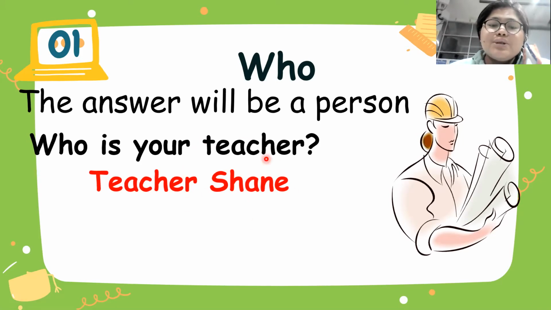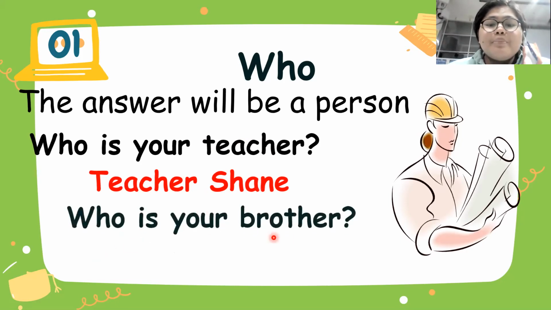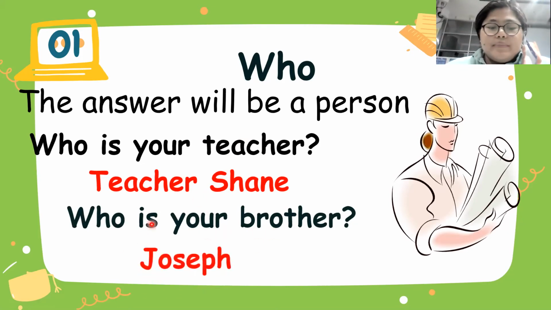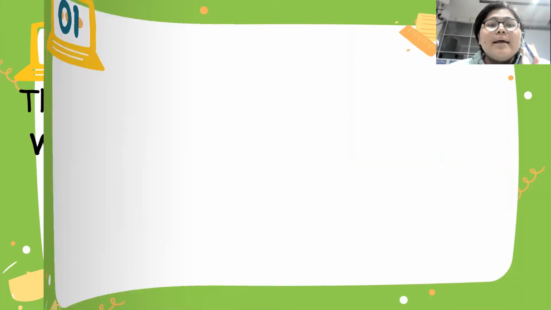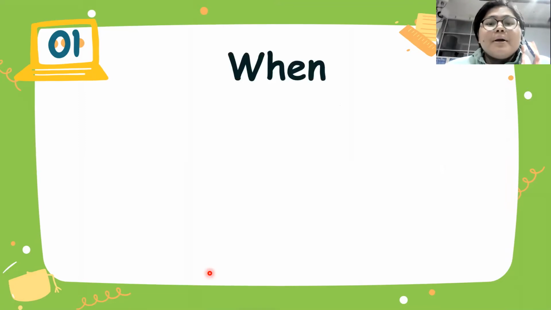Next, who is your brother? Joseph. So Joseph is a person as well. Do you understand? Great. Let's now go to our next WH questions.